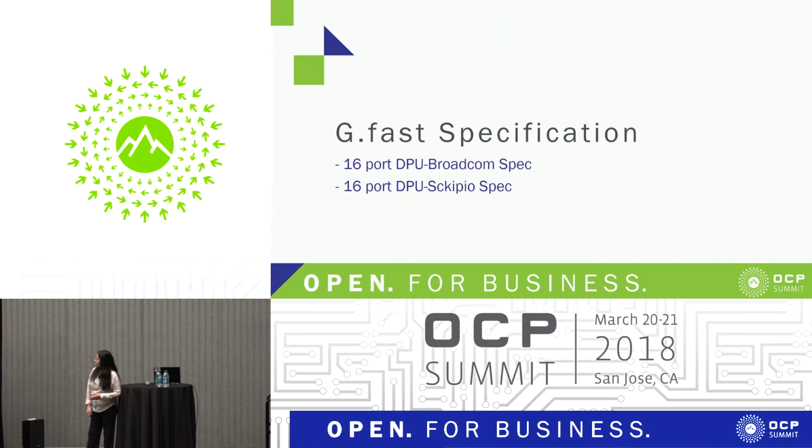Okay. And now let's move on to the G.fast specification. We do have a detailed spec, or the design, out there for the 16-port DPU. We do have a design with the Broadcom silicon as well as the Sckipio silicon. 16-port has kind of been a sweet spot for MDU types of applications. G.fast is a technology that provides fiber-like service, right?